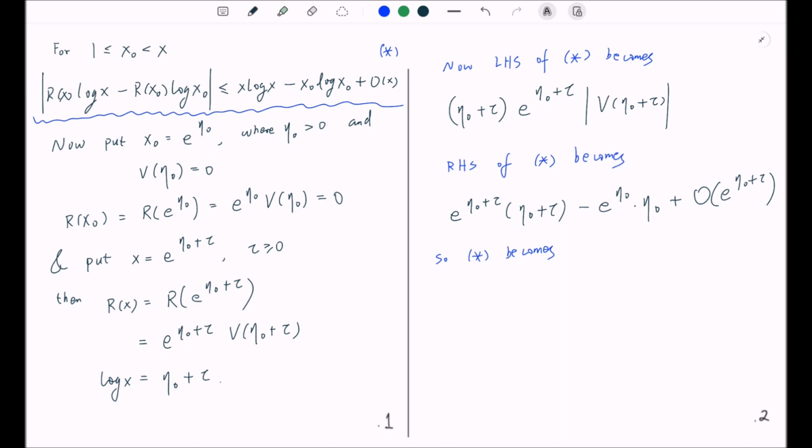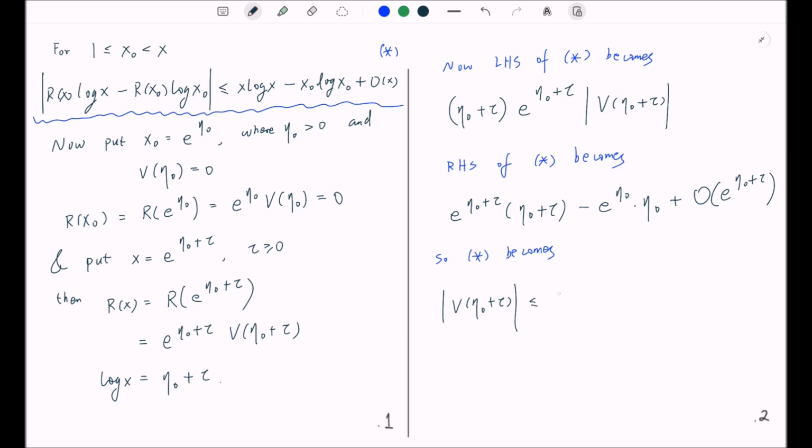So this inequality will become, if we divide both sides by this part, eta naught plus tau times e to the eta naught plus tau, we will get an upper bound for the function, the absolute value of v of eta naught plus tau.